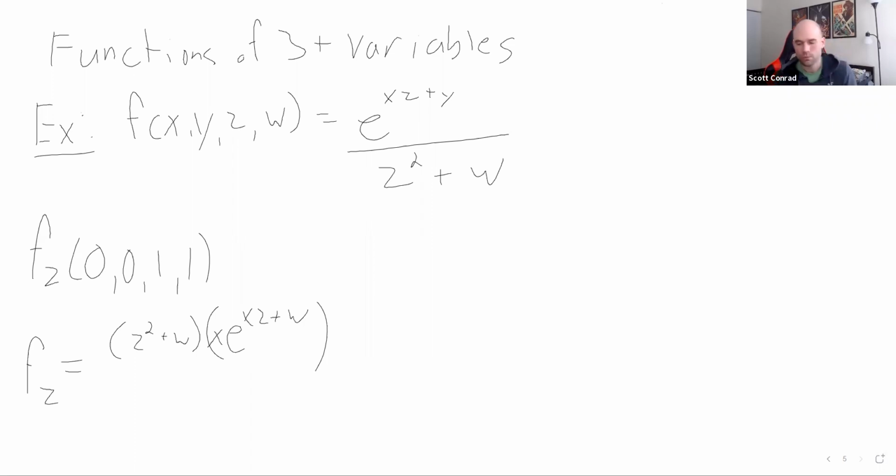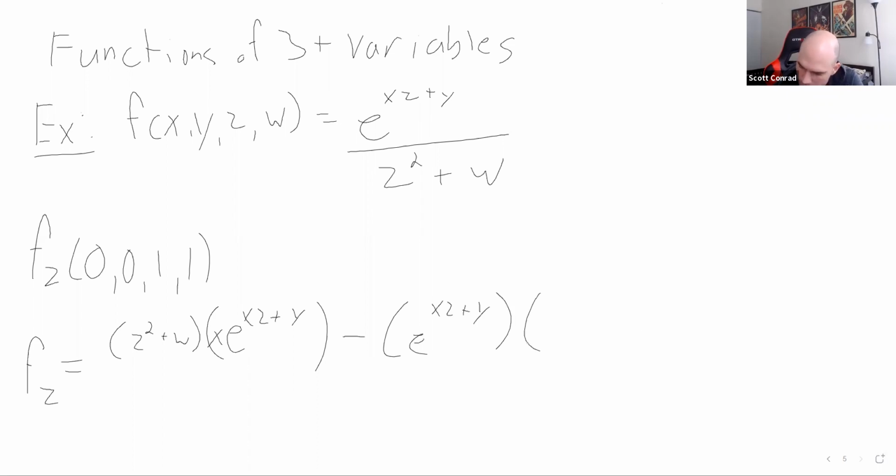So we get z squared plus w, the bottom, times the derivative of the top, which is x times e to the xz plus y. Sorry, e to the xz plus y, my bad, but results the same. So the minus high d low, e to the xz plus y is the top.